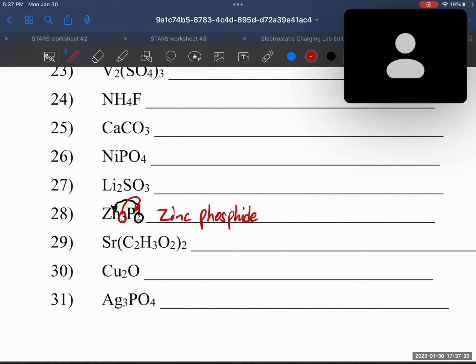Zinc should not have a Roman numeral because if you can remember, it does only have 1 charge and it is one of the exceptions. Zinc always has the same charge. It's always +2. What are the elements that all have 1 charge?